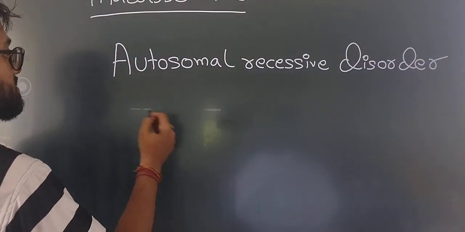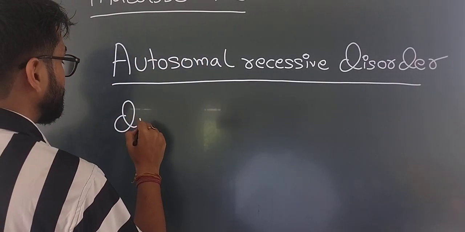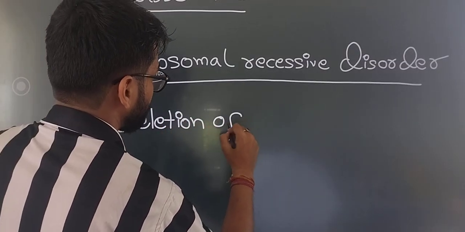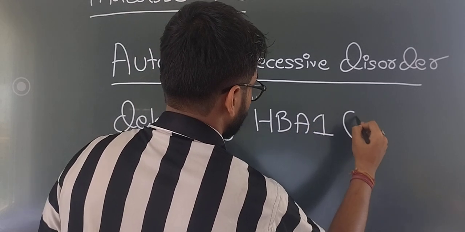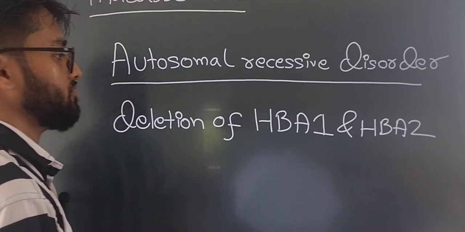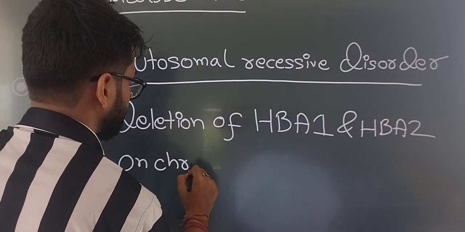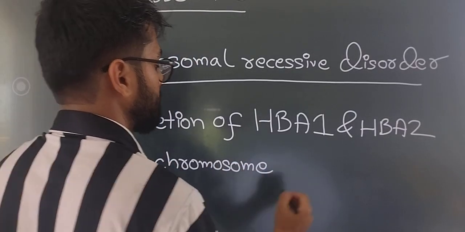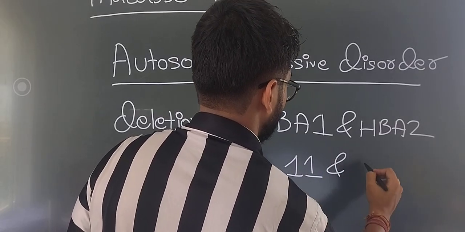It is manifested by the deletion of the genes HbA1 and HbA2 on chromosome 11.